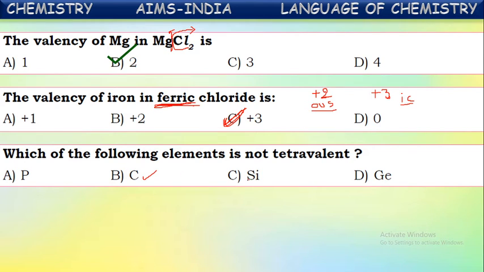Carbon, silicon, germanium all belong to the same group, and all these elements exhibit valency 4. Only phosphorus is not an element with valency 4. It can exhibit a valency 3 only. We write the formula of phosphide ion as P minus 3. So its valency is 3, not 4. So it is a trivalent element, not a tetravalent element. So phosphorus is the correct answer.